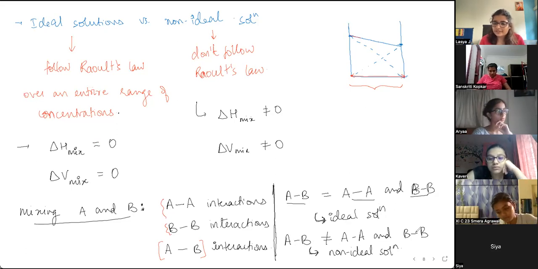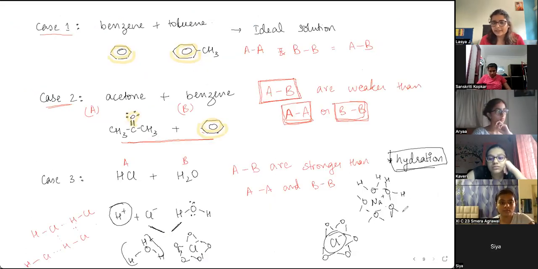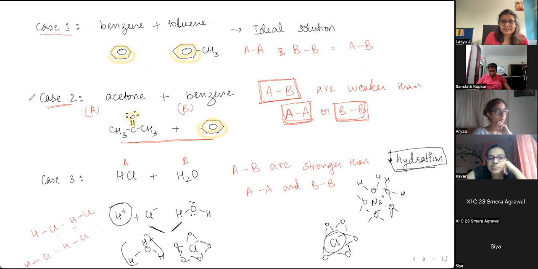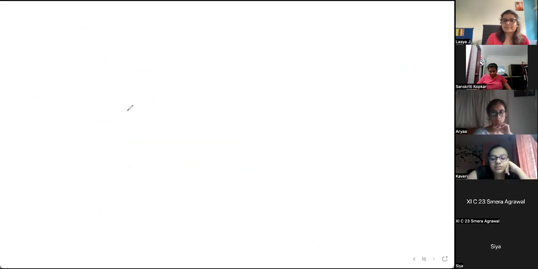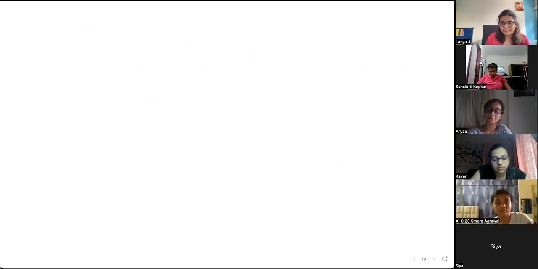Within non-ideal solutions, depending on whether it's case 2 or case 3, whether these interactions are weaker or stronger, you have something called positive deviations and negative deviations.